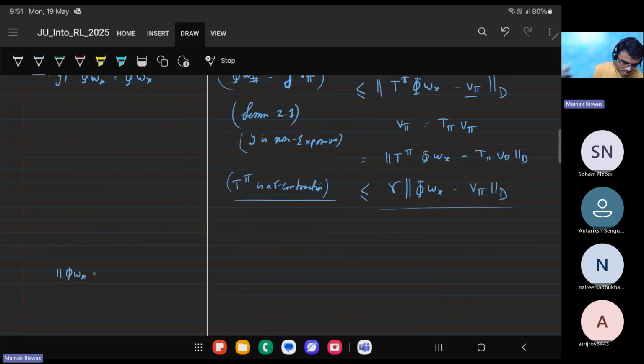Phi W star minus V pi of D is less than phi W hash minus V pi of D plus, see, this is again an inequality. I can write this from dagger and double star.